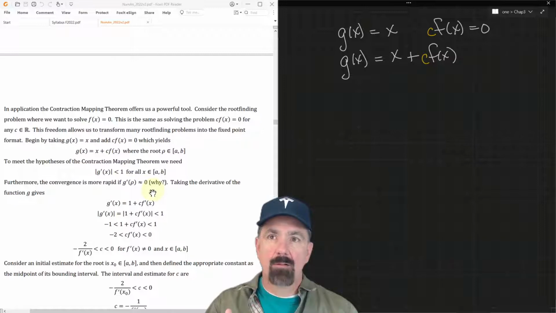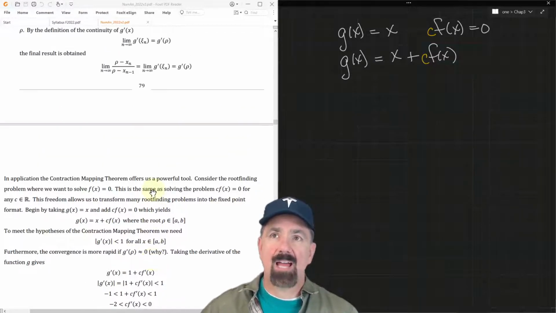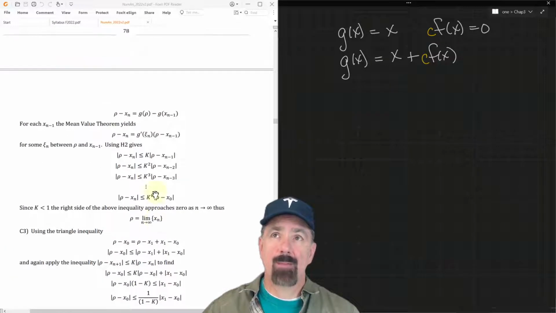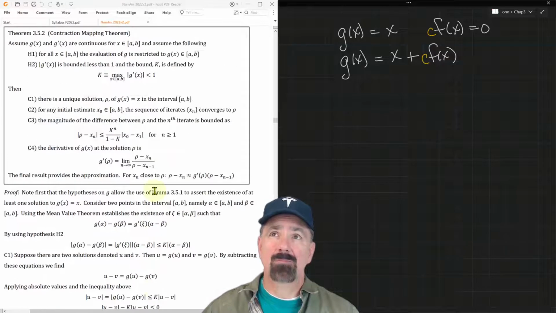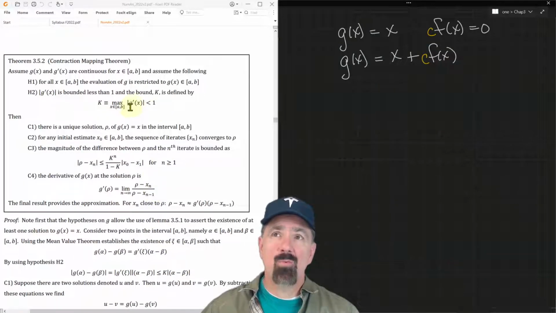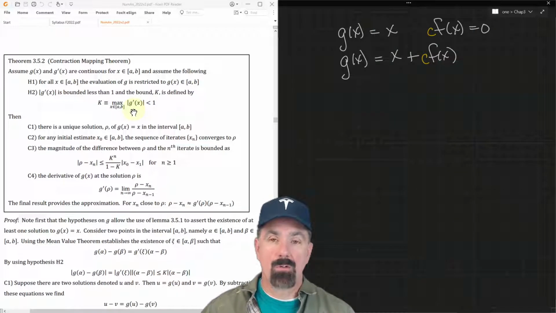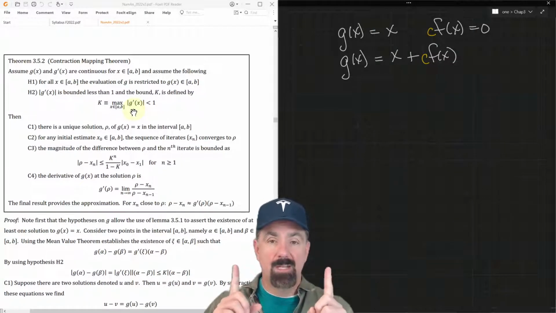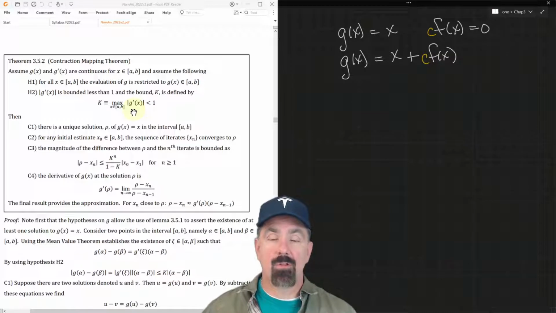The question is why? Let's go back and look at the hypotheses for the contraction mapping and the results. So if we can find a rate of change that's near 0, and of course we prefer that to be near 0 across the entire interval, although in our case we need it near 0 at the fixed point, that's going to give me a small value of k.